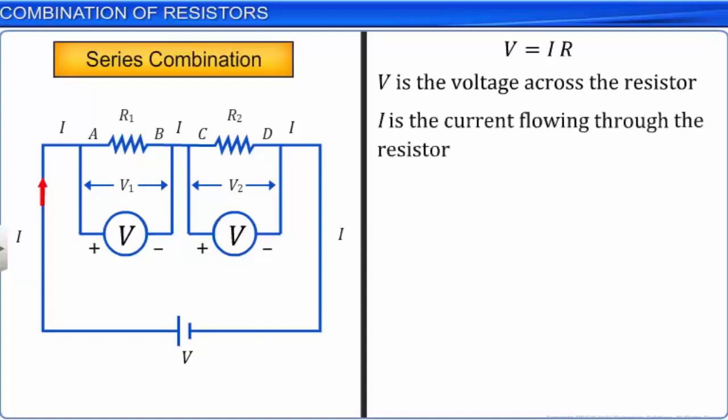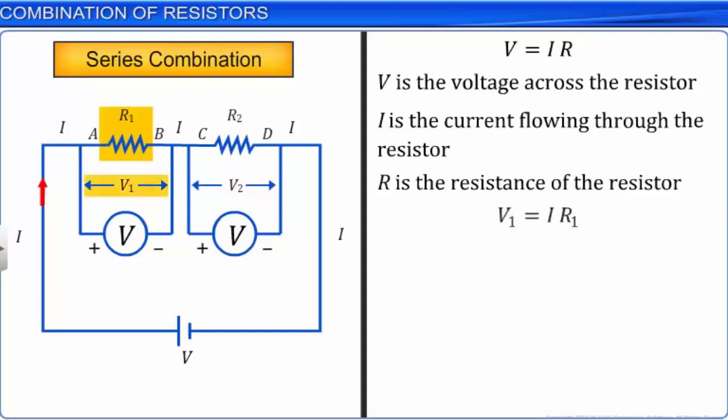Applying Ohm's law to resistor 1, the potential difference across R1 is denoted by the equation V1 is equal to I into R1. Let this be equation 1. The potential difference across R2 is denoted by the equation V2 is equal to I into R2.